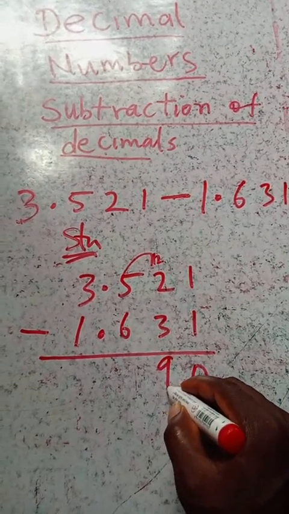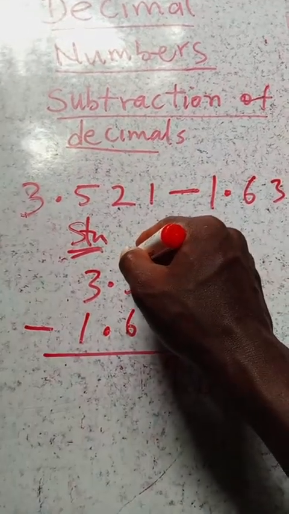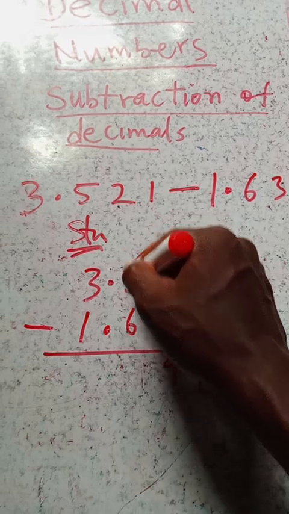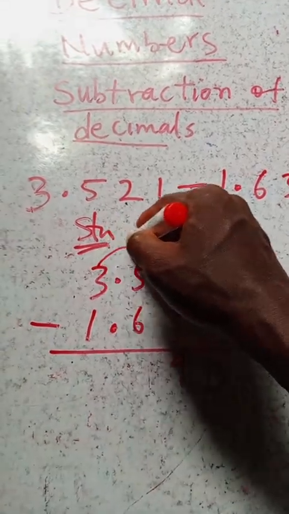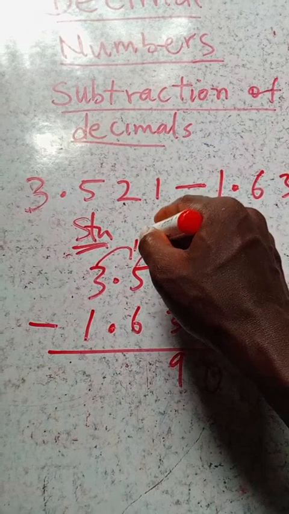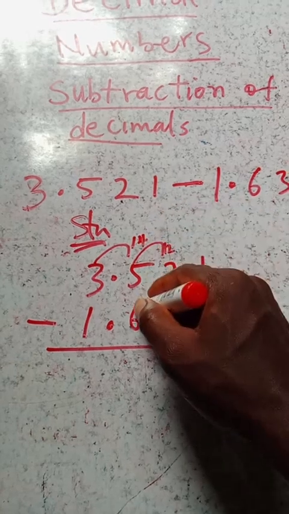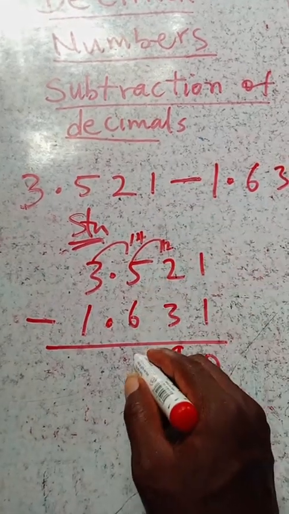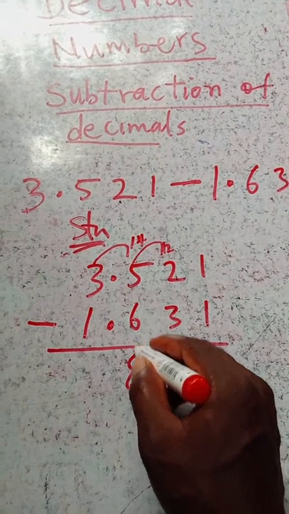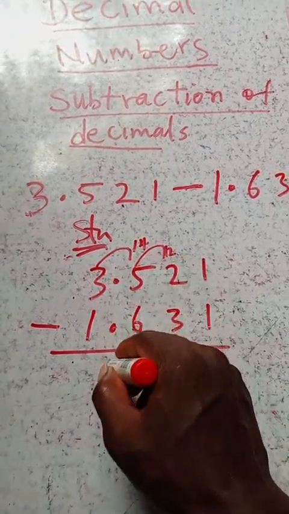Are you getting it? Now what will be left here is 4. 4 minus 6, it cannot, so you go borrow 1 from this, and it will now be 14. So 14 minus 6 is what? 8.